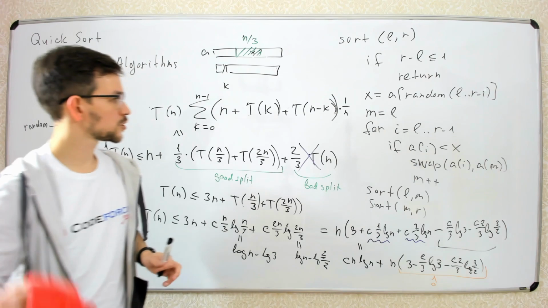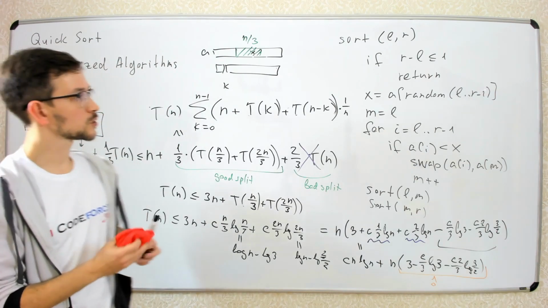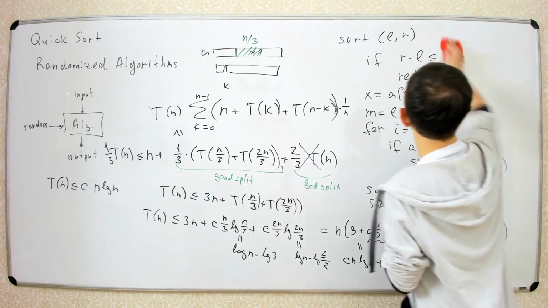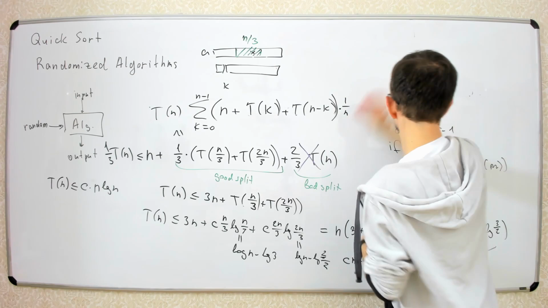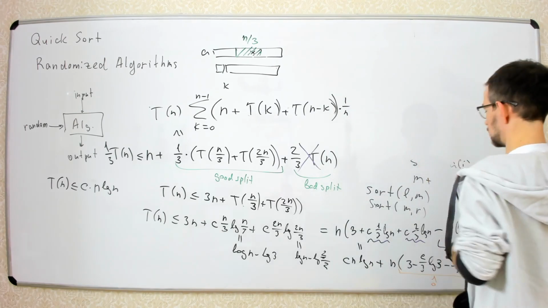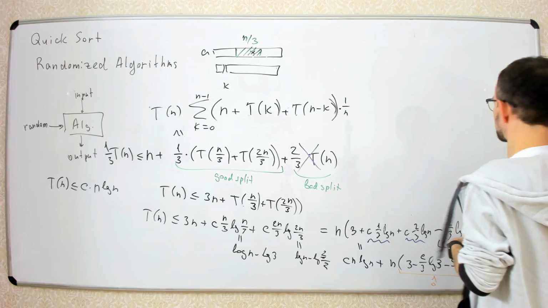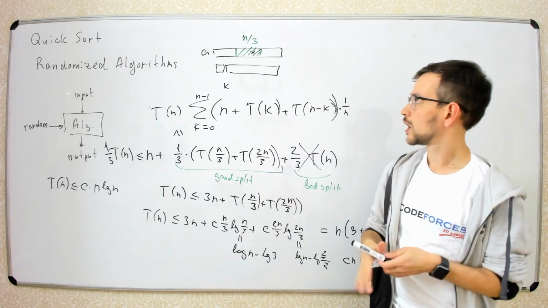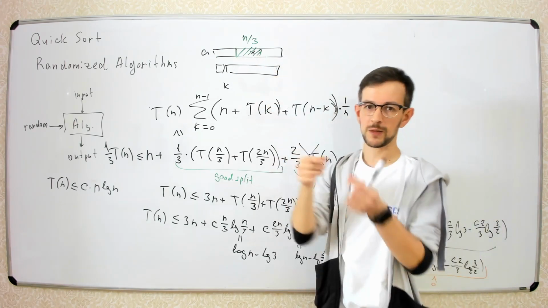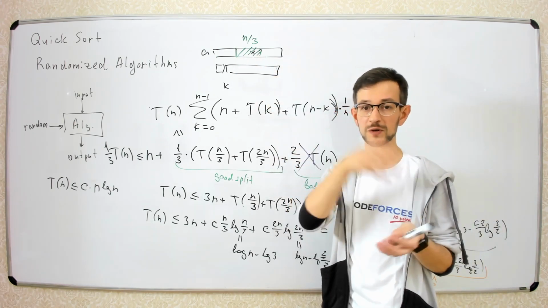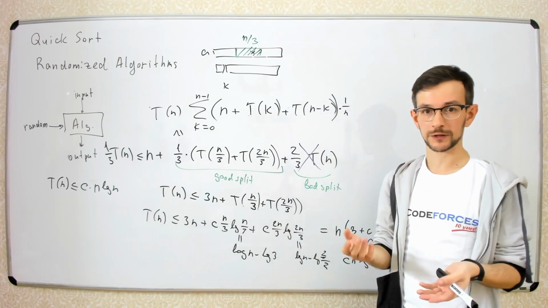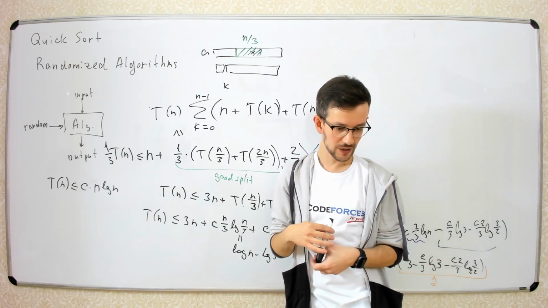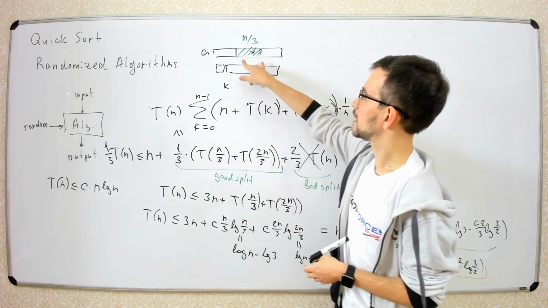Another, maybe more natural, way to think about this algorithm is like this. We have array A. If we pick a random element, maybe we'll pick a good element. Let's say we pick an element from this middle group, which is a good way. This happens in every third case.